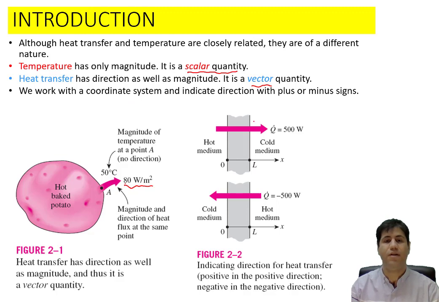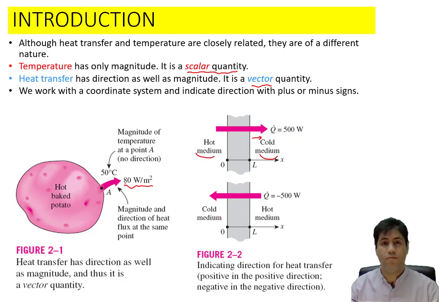The other example is the heat transfer through a medium like this: hot medium, cold medium. You know, heat transfer is always from the hot medium to the cold medium. So the direction is in this direction, and its value is 500 watts.